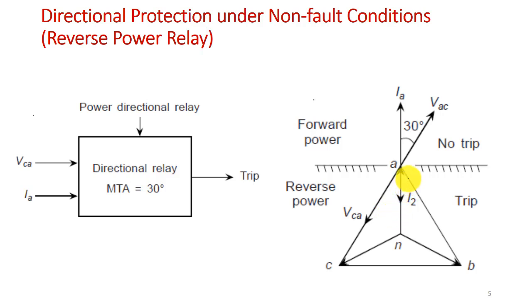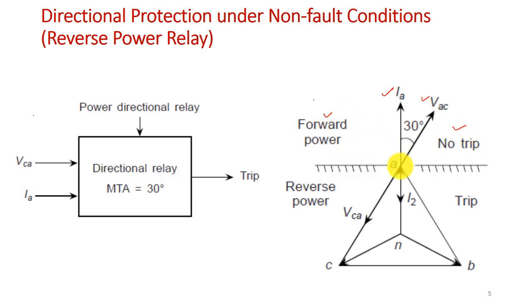Under normal condition, the current flows in this direction, that is IA, and this is VCA, making an angle of 30°. Our objective is that when the current is flowing in the forward direction normally without any fault, there should not be any trip. That is the forward power flow.